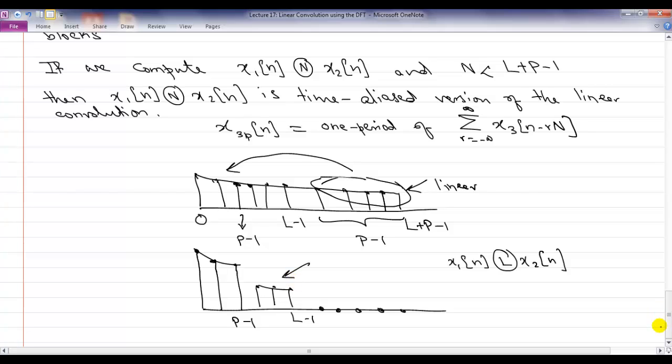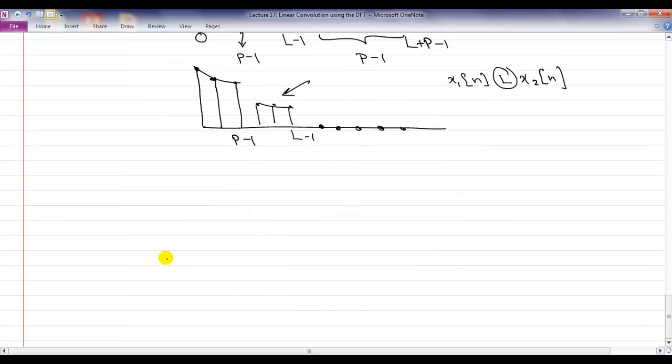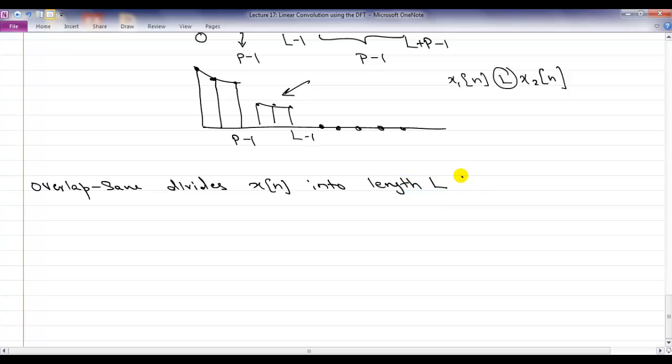I'll explain that a little more, but mathematically, overlap save divides x[n] into length L blocks, but these blocks are overlapping.